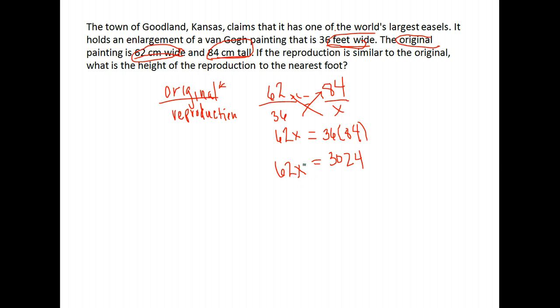We want to solve that, so we would divide both sides by 62 so that we can find our x. And we get 48.77. They wanted us to round to the nearest foot. 48.77 would round up to 49 feet.